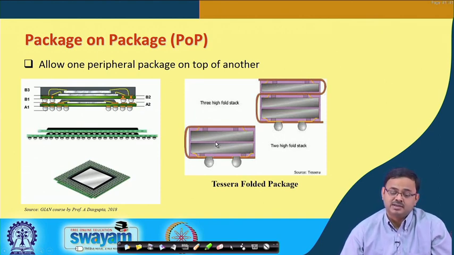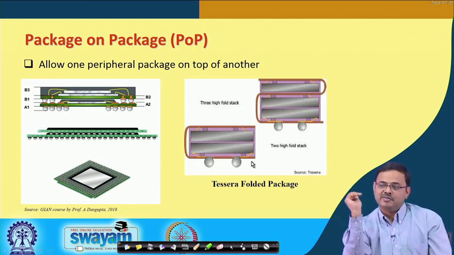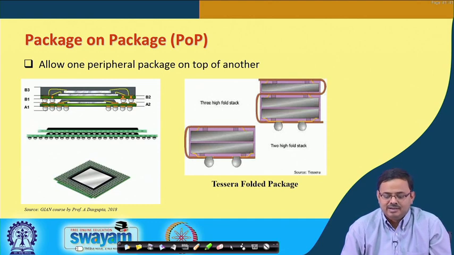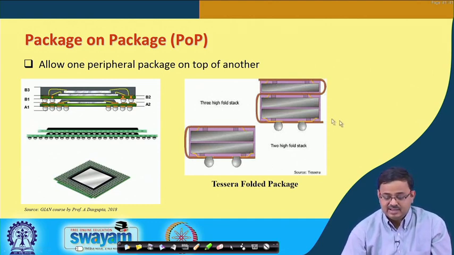It is package on package, but actually on a common substrate which has been given this U shaped turn or bends, right. And then this is 3 high, these are 3 packages, because it is on a common flexible bendable substrate which can be folded.